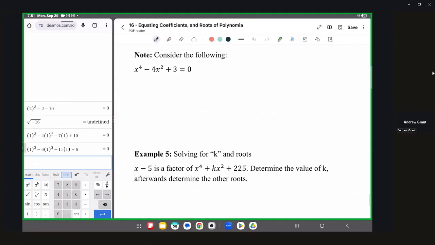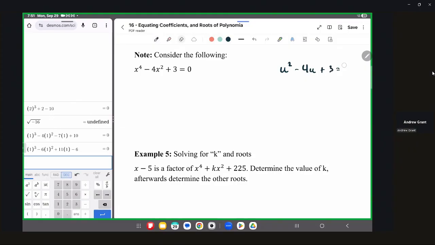Okay, so we're going to consider the following. x to the power of 4 minus 4x squared plus 3 is equal to 0. So if you notice here, this seems suspiciously close to, say, u to the power of 2 minus 4u plus 3 is equal to 0.